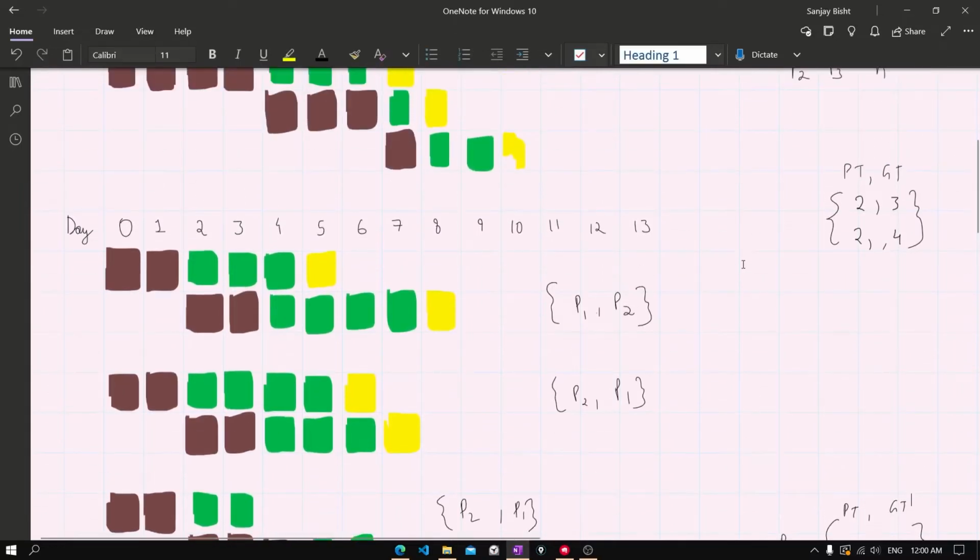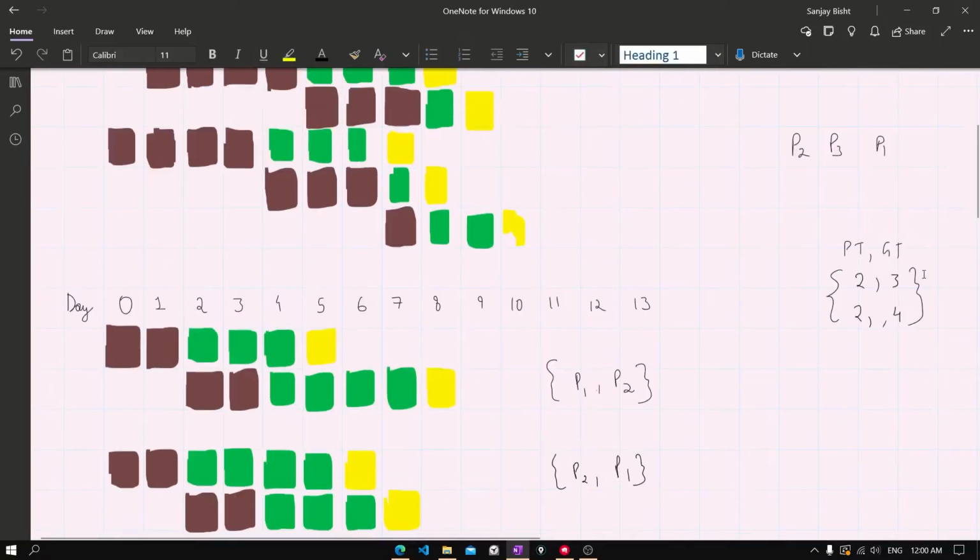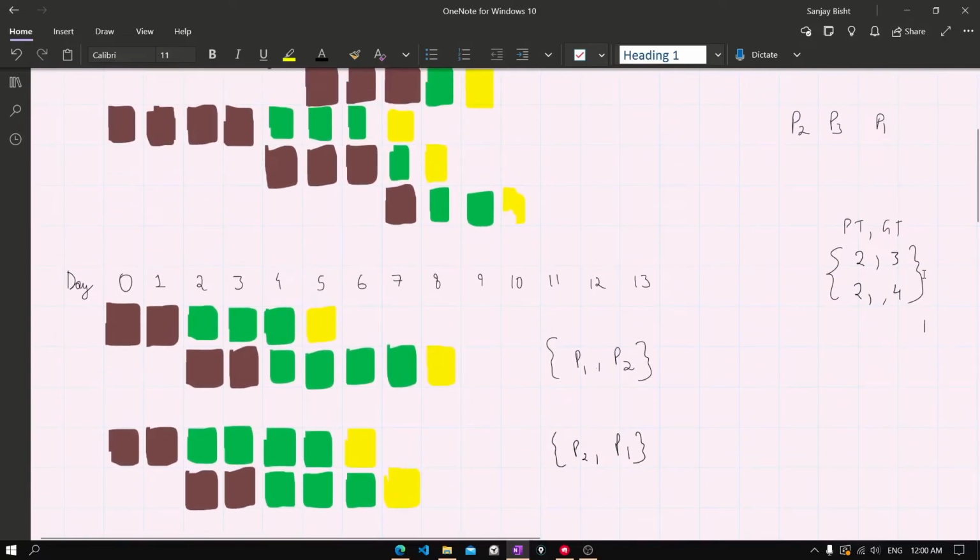So if we observe this one, the bloom time was less when we used P2 first, which has a grow time of 4. So that means we need to use the seed having the larger grow time first.